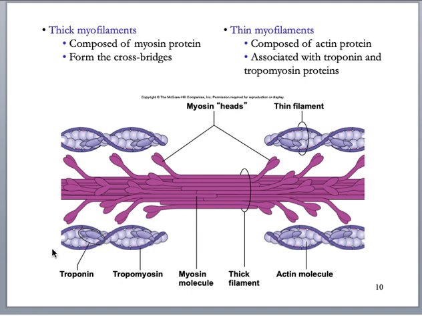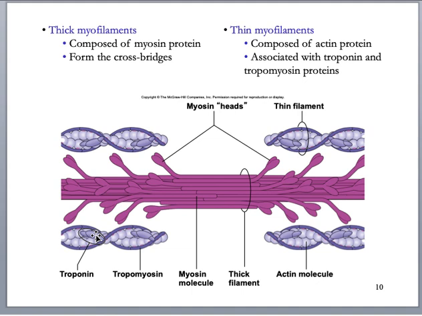Okay? So I'm going to say that again. Upon stimulation by a motor neuron, the sarcoplasmic reticulum is going to dump calcium into the sarcoplasm. That calcium is going to bind to troponin. When calcium binds to troponin, troponin changes shape.